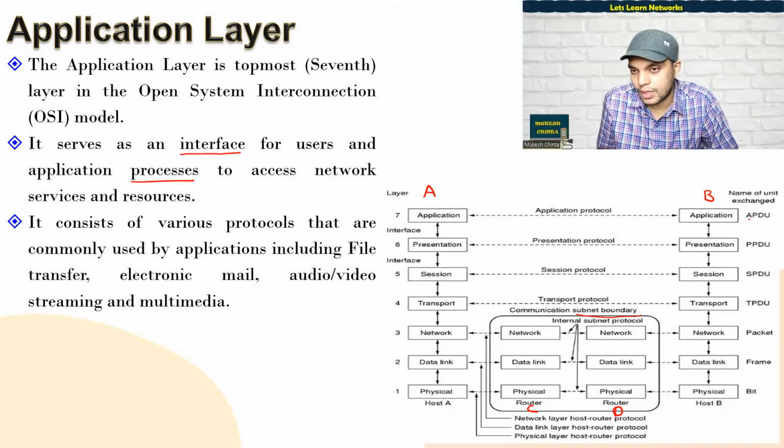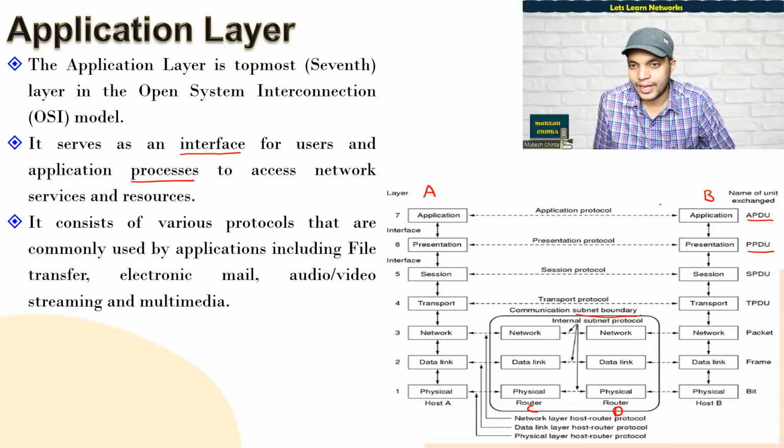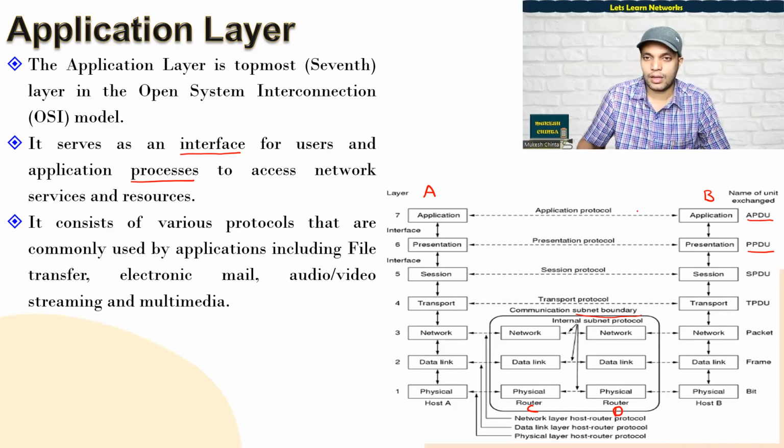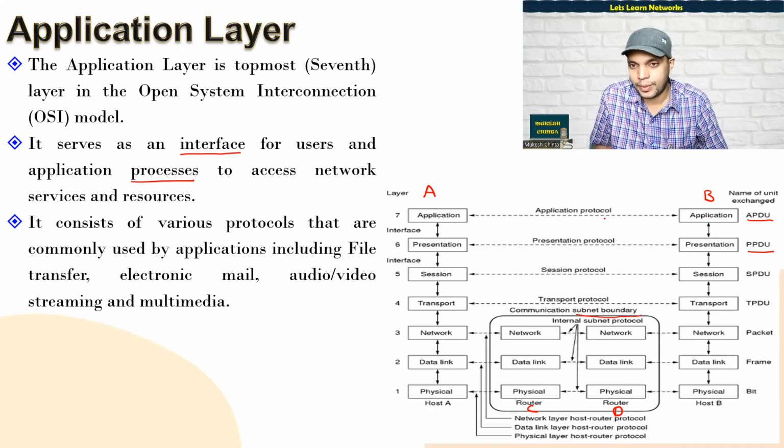Now you can see there is something written out here, APDU, PPDU. PDU stands for Protocol Data Unit. At the application layer, we call it the application layer's PDU, the data that has been created at the application layer. Data created according to the presentation layer's protocol, we call a PPDU, the presentation layer's PDU.